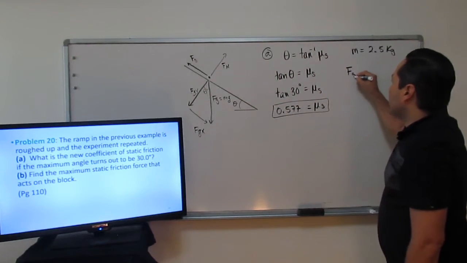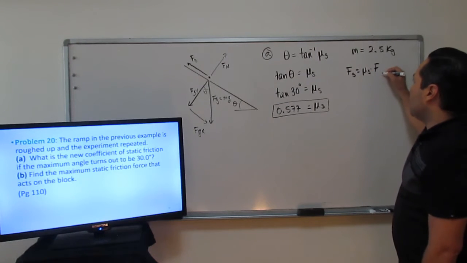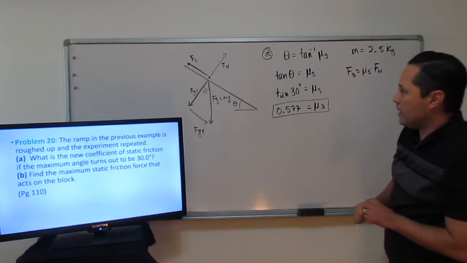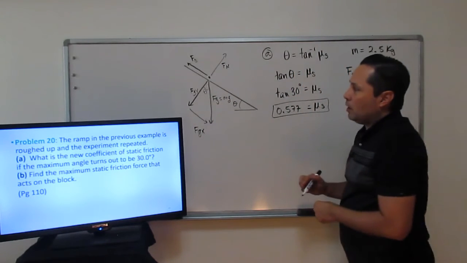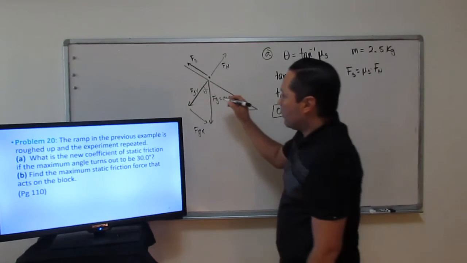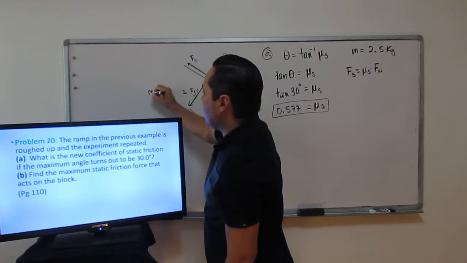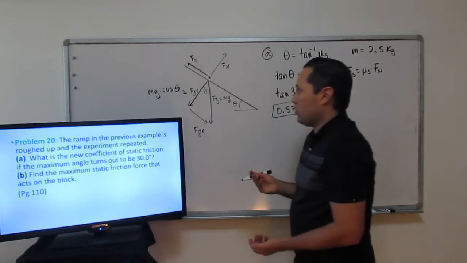Static friction is equal to the coefficient of static friction times the normal force. And in this problem, normal force is the same as force of gravity on the y-axis, which, if you recall from earlier, is mg times cosine of theta, which is 30.